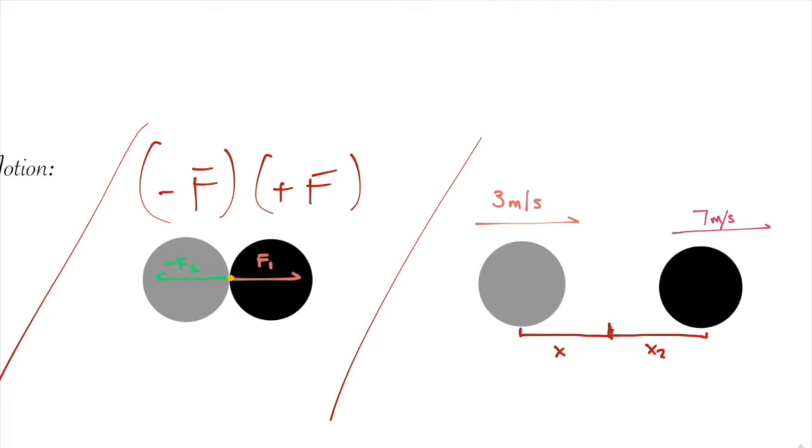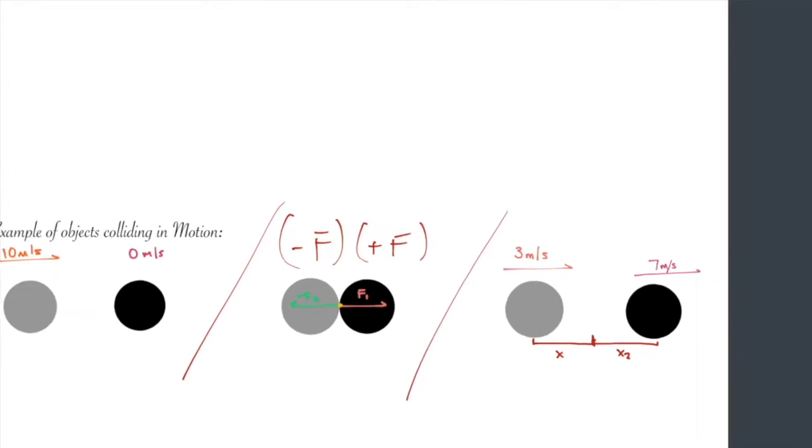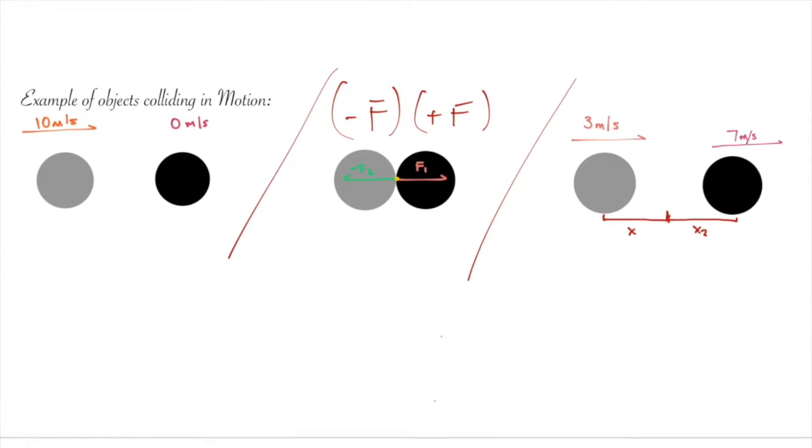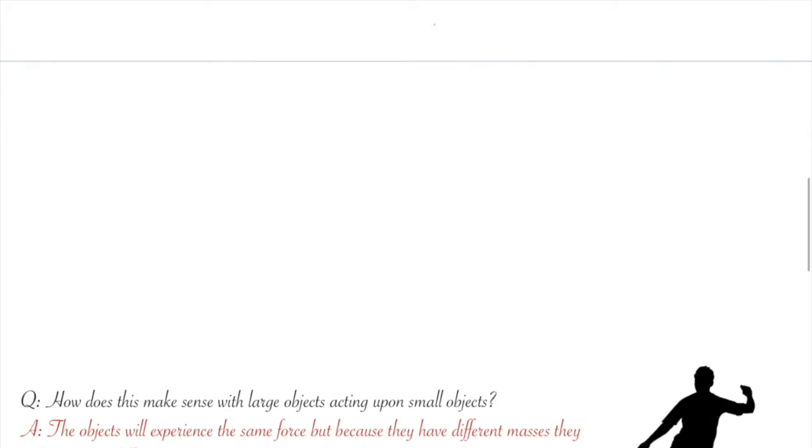Not enough to cause it to completely come to a stop or go in the opposite direction, but it did have an effect on its motion. And then the object at rest, given a net force in the positive right direction, experienced a gain in velocity.